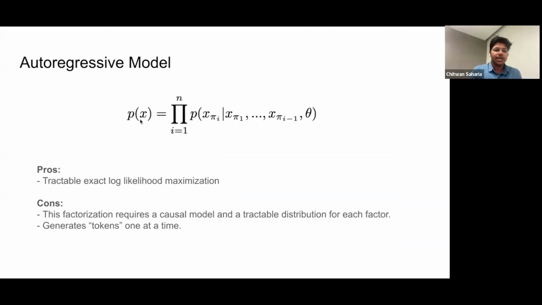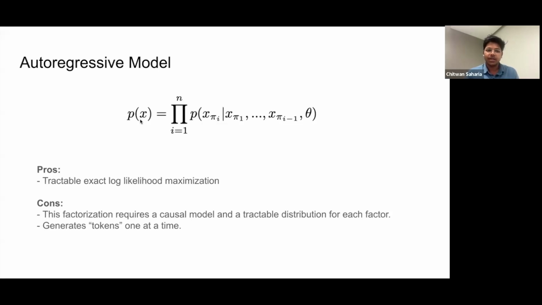So basically in an autoregressive model, I'm sure you already know this, but I'll just give you a brief primer here. When we have a sequence of tokens, the way we formulate an autoregressive model is through this causal factorization. And this factorization basically allows us to compute exact log likelihood and allows us to just maximize this log likelihood efficiently using modern transformers.